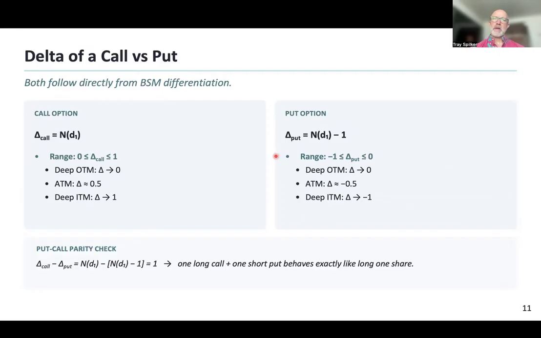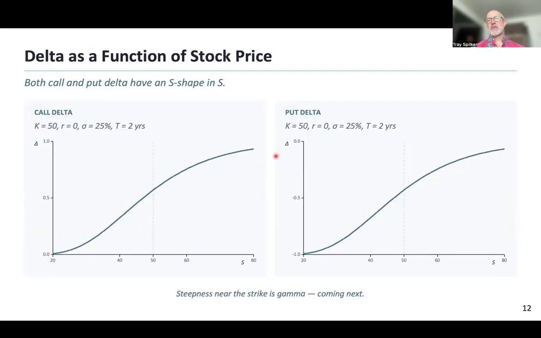In terms of how delta changes with respect to changes in the stock price, if we have stock price here on the x-axis and delta here on the y-axis, for the call delta, again, it ranges between 0 and 1, and you'll notice that it approaches 0 if it's way out of the money, it approaches 1 if it's way in the money, and where it has the most slope is when it's at the money, right?